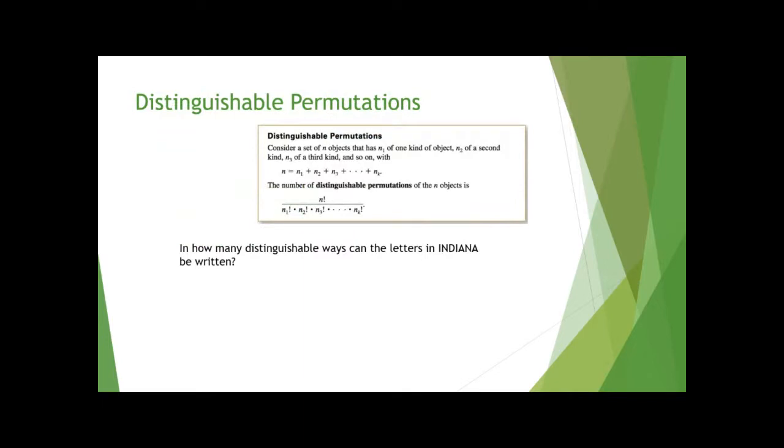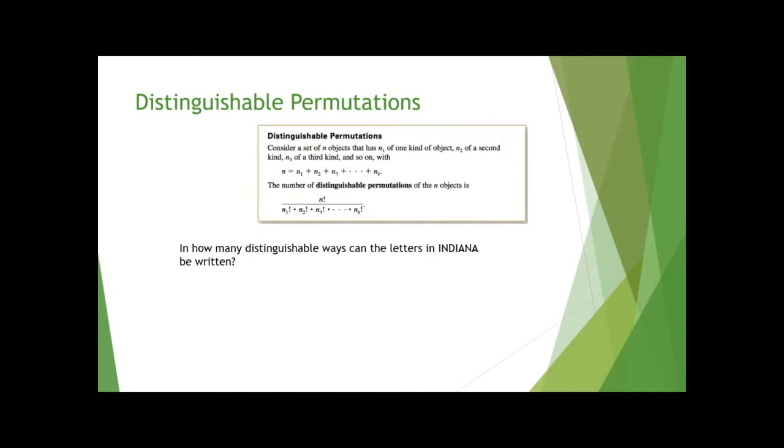Now, let's look at something a little different, distinguishable permutations. Distinguishable permutations means that we have to make sure the arrangements are different. So this matters when you have repetitions, and it doesn't work so much with numbers, but we're going to have letters in this example here.